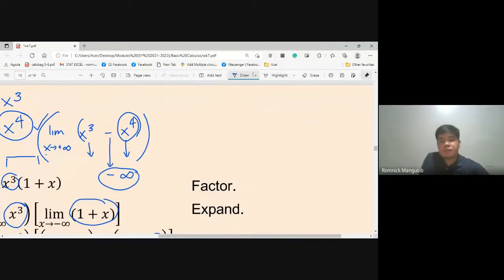To show the complete solution of that, so ganito siya, di ba? Kapag i-factor out natin ng x cubed minus x raised to 4, it will give us x raised to 3 times 1 minus x. And since x approaches positive infinity, we can make use of it. Immediately, you have positive infinity raised to 3. So this becomes 1 minus positive infinity.